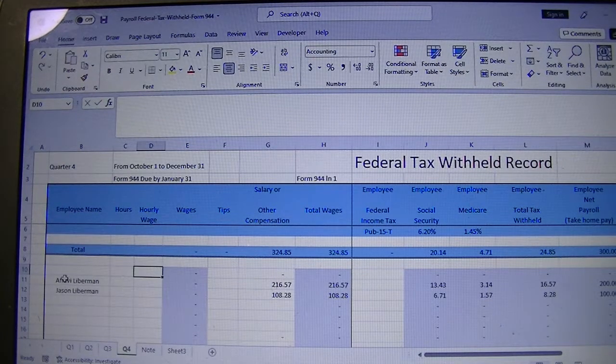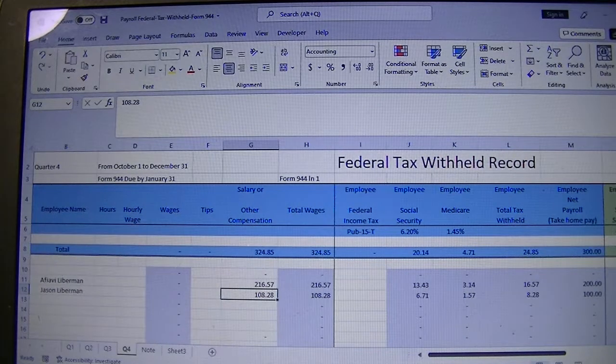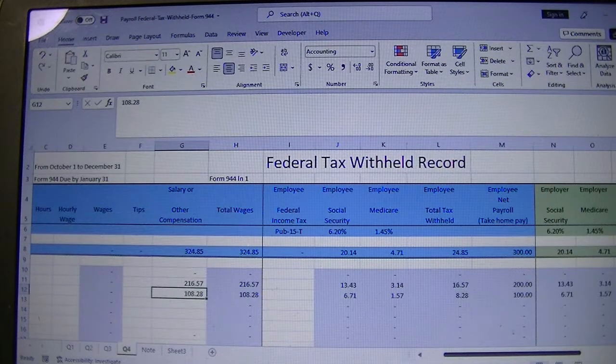So for those two people in the business, we collected this in compensation. Pretty much how it works is, if you do not withhold federal income tax, Social Security, or Medicare tax from your employees or from your own income, and you intend to pay that from the business, I'm going to use an example.